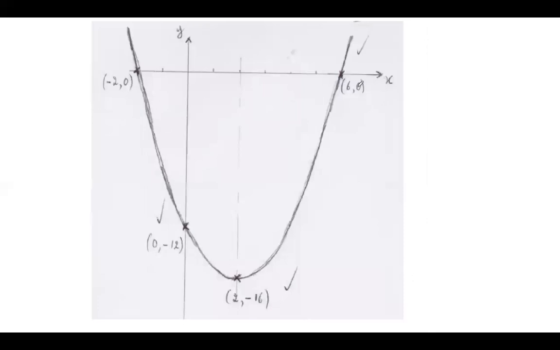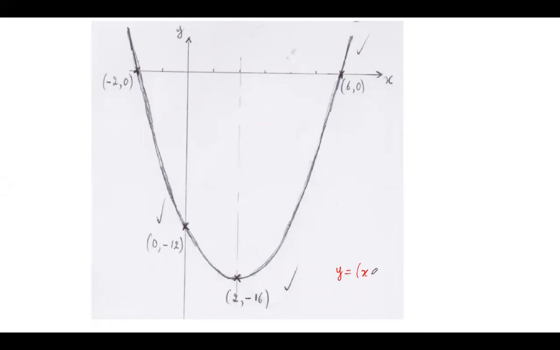We said 6, 0 is one of the roots, -2, 0 the other root. We said it crosses the y-axis at 0, -12. And the turning point is 2, -16.